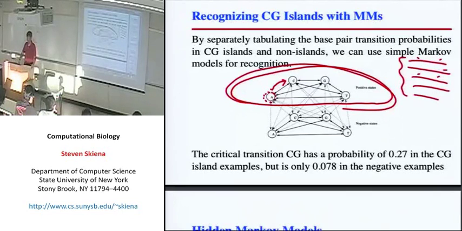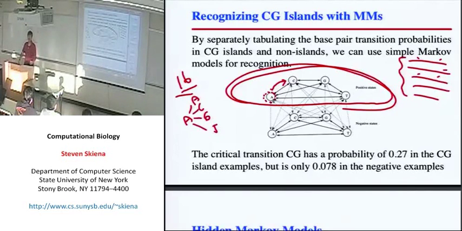Well, from every base, there are 4 possible ways to follow it. So for each of the 4, there are 16 possible probabilities here, right? 4 of them are: if I have an A, what's the probability I get another A, a C, a G, or a T? Does everybody agree with that? How would I figure out what these probabilities are?